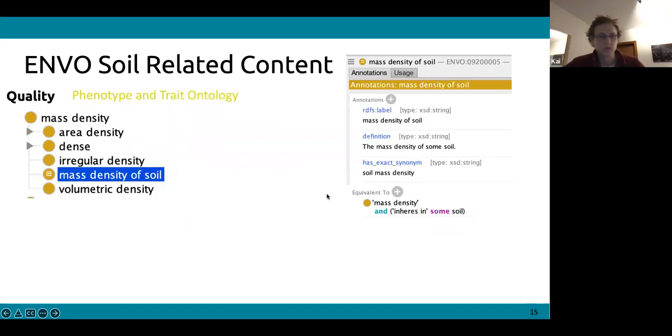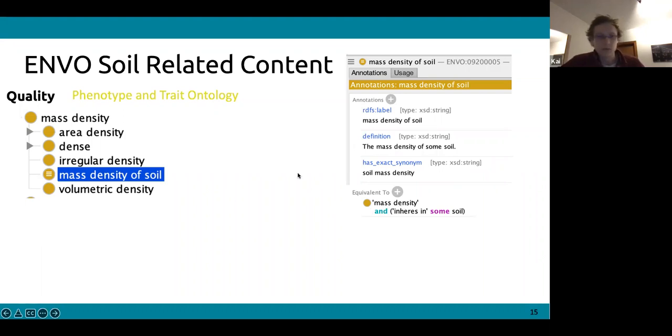So other examples. Here we're making use of basic design patterns where we say like the mass density of soil or the conductivity of soil, et cetera. And there are systems for helping to automate terms that follow nice design patterns like that. But here you can see mass density of soil, it's mass density and it's inhering in some soil.